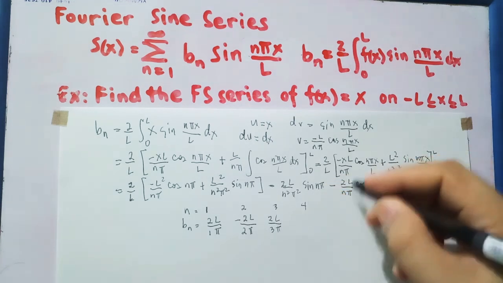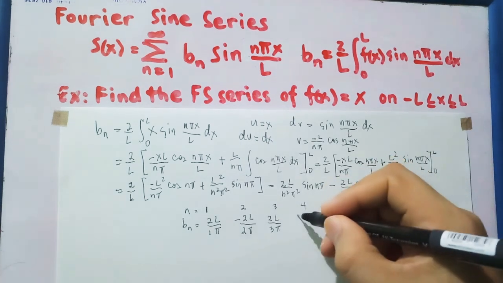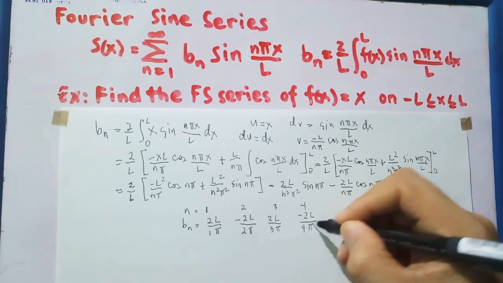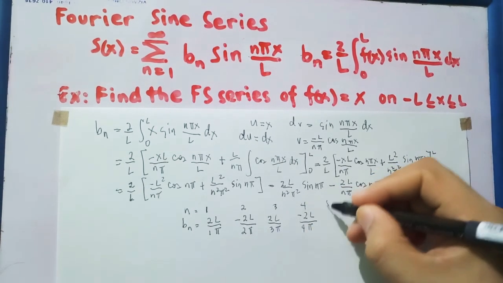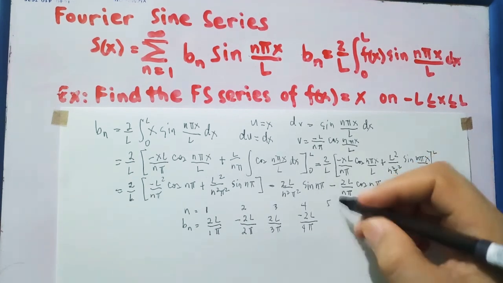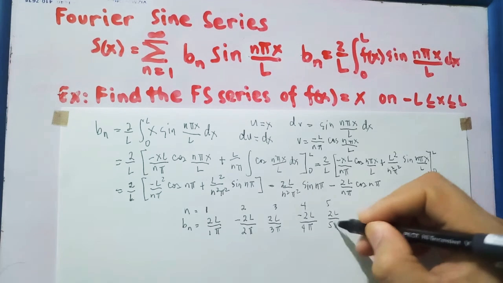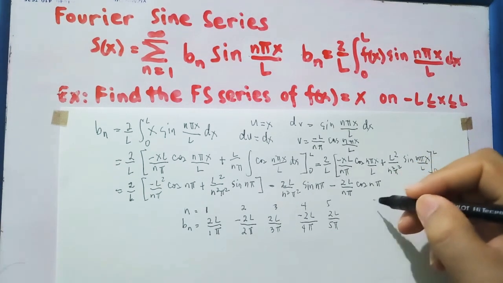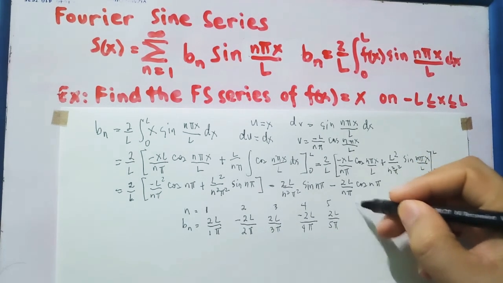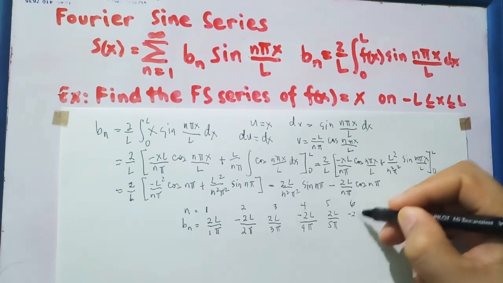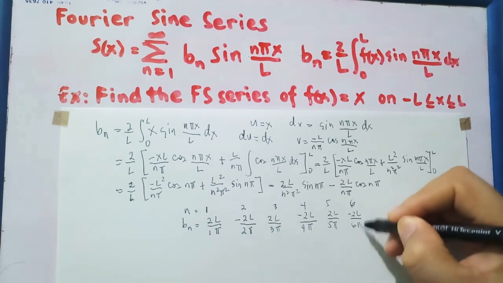Then we go back to the negative, that is negative 2L over 4 pi. When n is equal to 5, we go back to positive, that becomes 2L over 5 pi. When n is equivalent to 6 and so on, that is negative 2L over 6 pi.